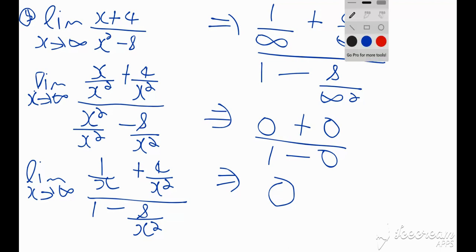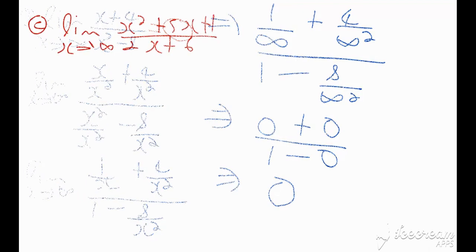So what can I say about this now? Now notice if we look at the highest power of the variable in the numerator, it was 1. The highest power in the denominator was 2. So the highest power in the denominator is more than the highest power in the numerator. And whenever this happens, the limit will always be 0.